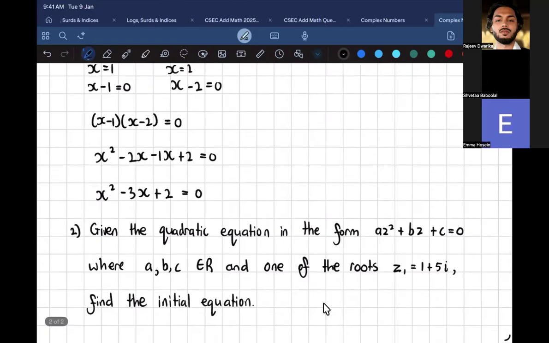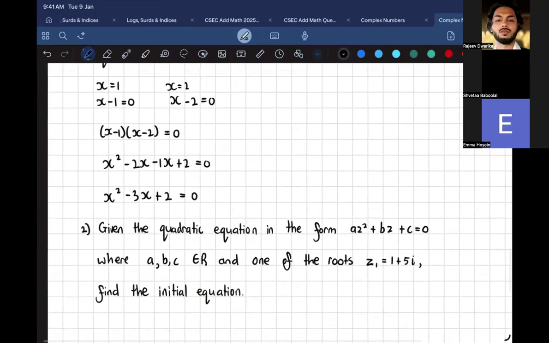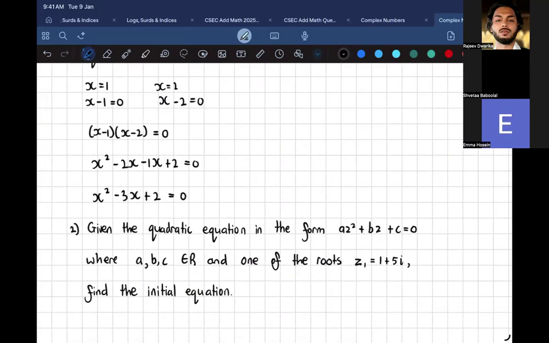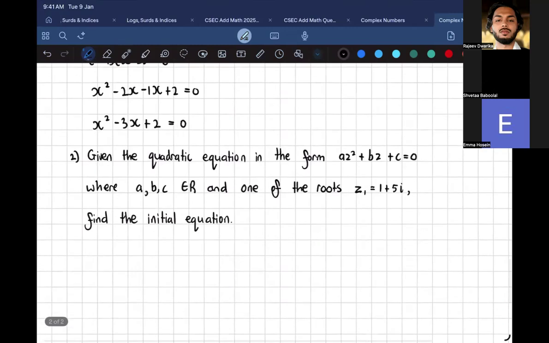So, Shweta, do you think you'd know how to solve this question? Yes or no? It's very similar to the first question we did. Okay, so we'll go through it together, right? I'm telling you that we have a quadratic equation in that form, and the elements for A, B, and C are real. If that's the case, then we know that the roots would exist in conjugate pairs, right? So they're giving us Z1, the first root, which is 1 plus 5i.